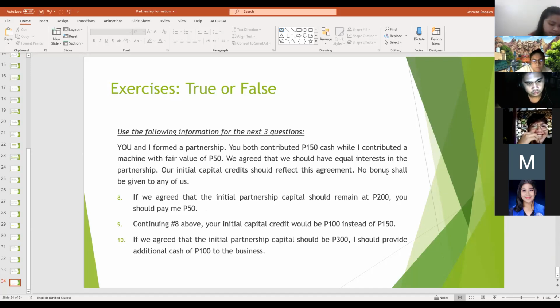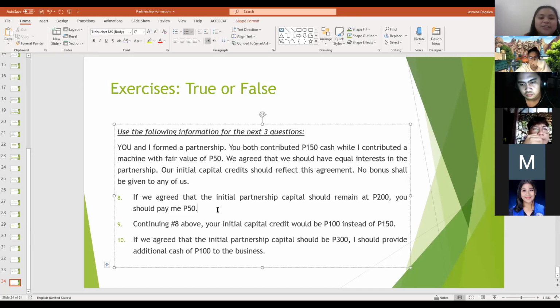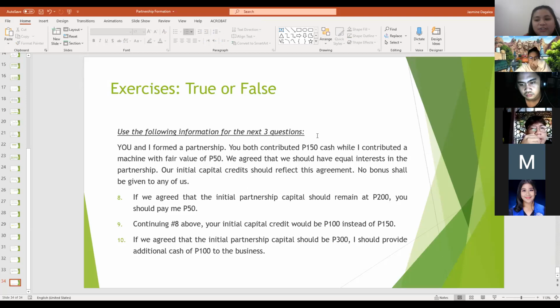True. Makalito yung you and I, ma'am. False. Bakit false? Sino nagsabi ng false? Siya mag-explain.